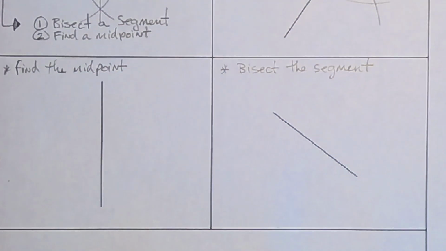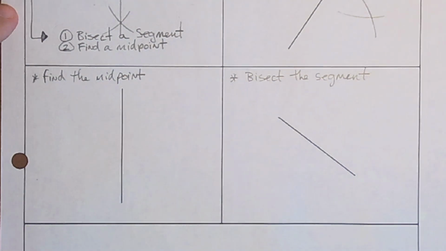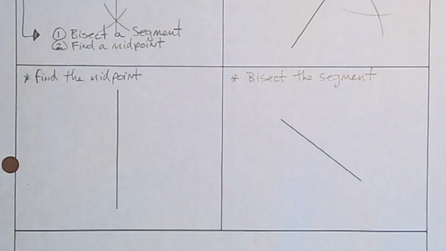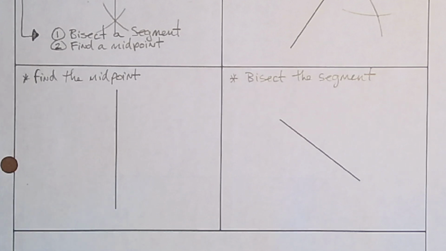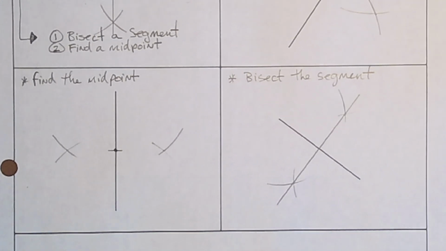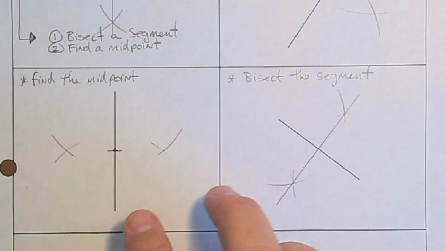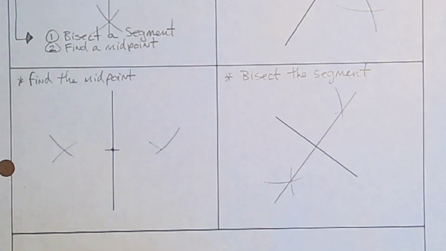You're going to find the midpoint on the example on the left, and then bisect the segment in the example on the right. Go ahead. Here's what you should have come up with. Hooray! Good?